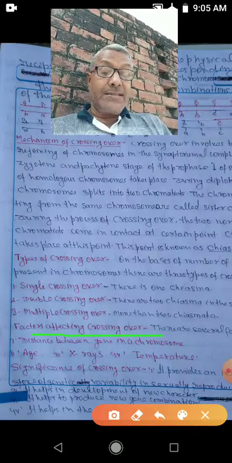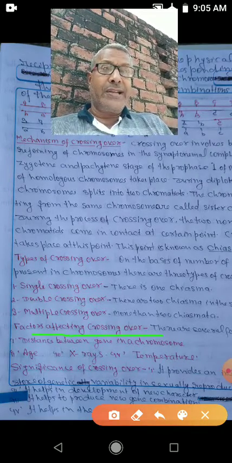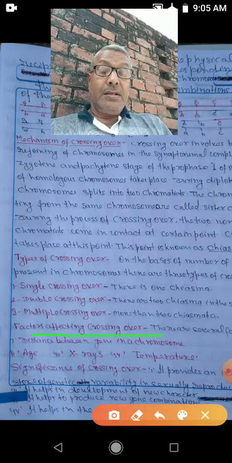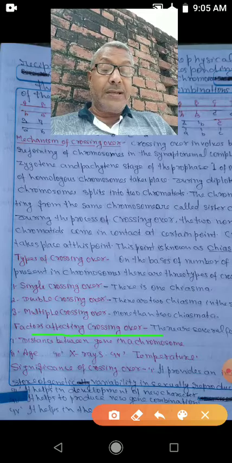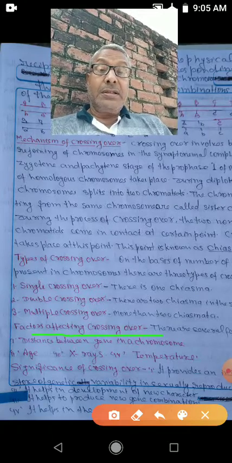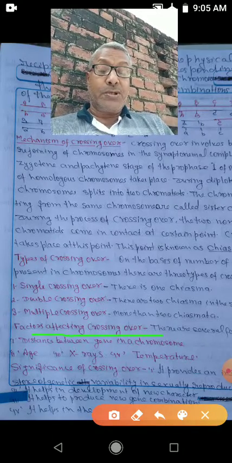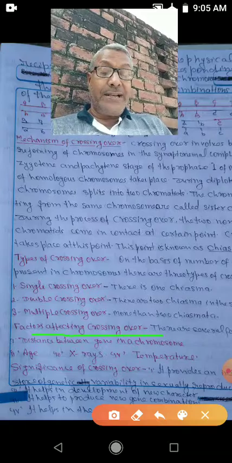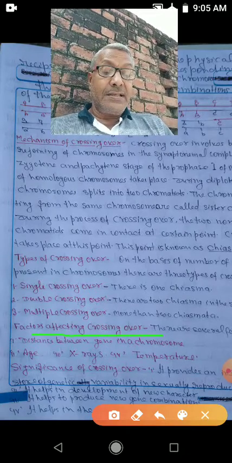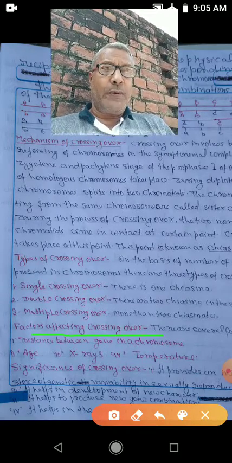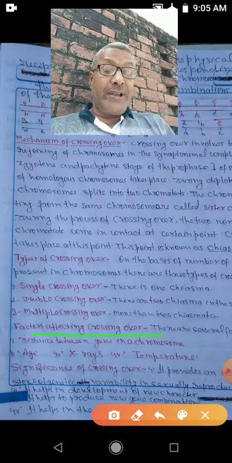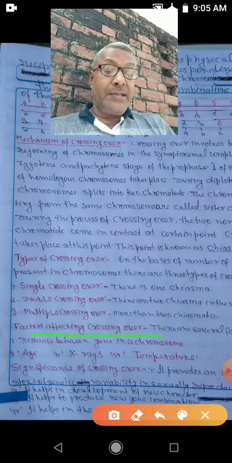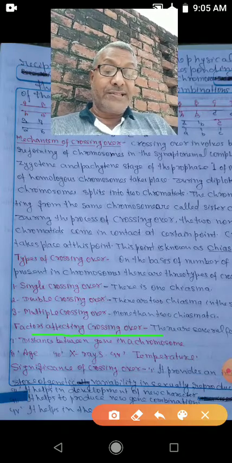With advancing age, the frequency of crossing over decreases. Third factor, X-ray exposure. Exposure to X-rays increases the frequency of crossing over. And last factor is temperature. Variation in temperature increases crossing over frequency.